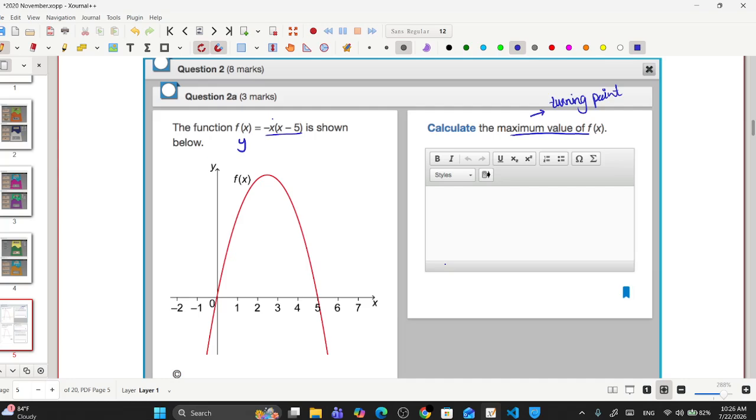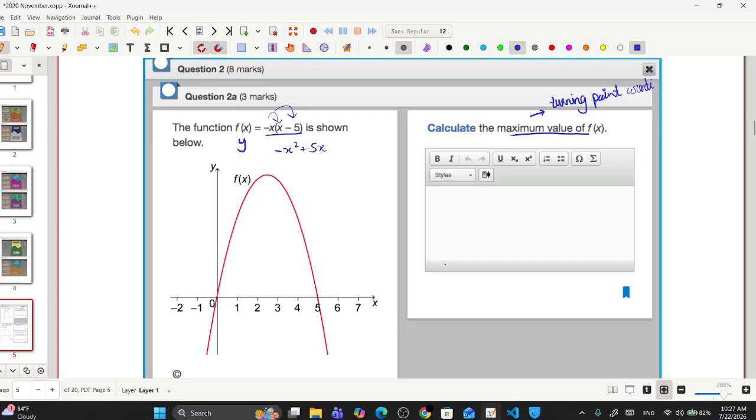I get minus x squared plus 5x, because minus x multiplied by x becomes minus x squared, and minus x multiplied by minus 5 becomes positive 5x.